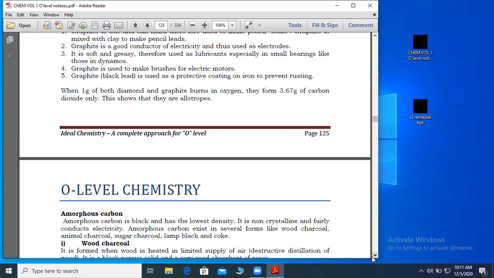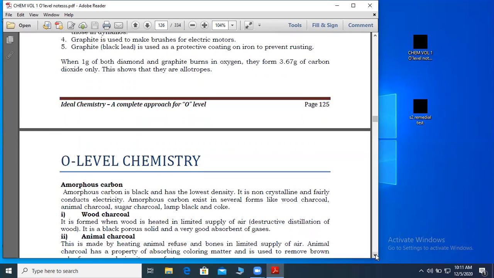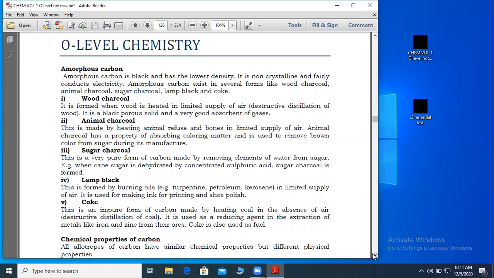Crystalline allotropes of carbon are only 2, that is diamond and graphite. Today we are going to look at amorphous forms of carbon.